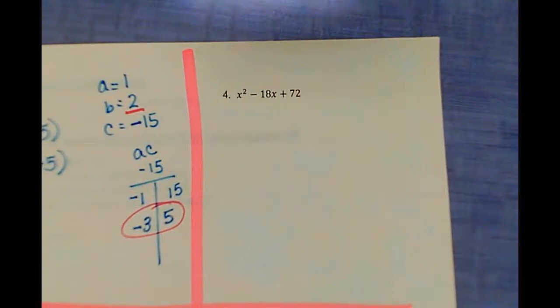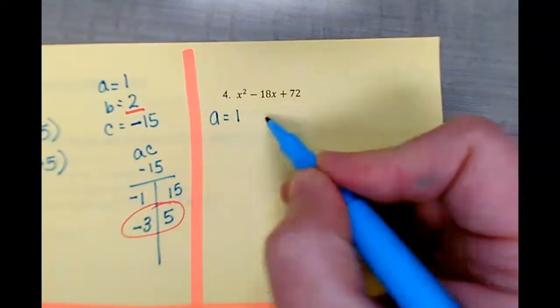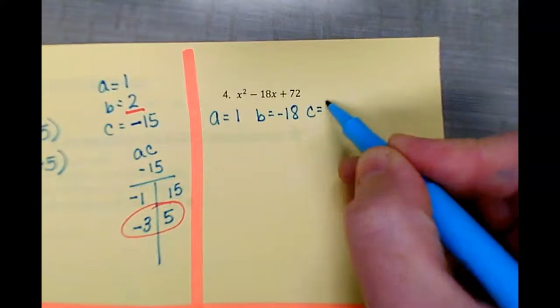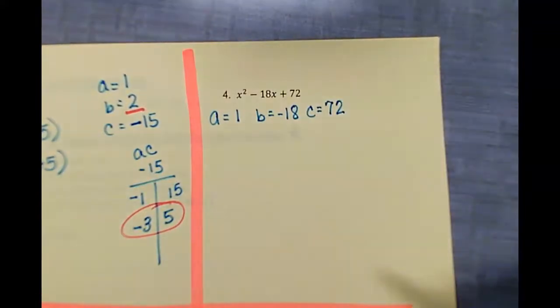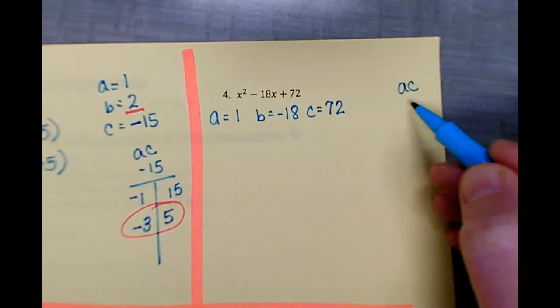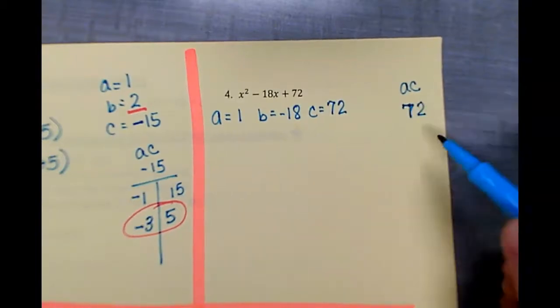You always start by looking for the GCF. This doesn't have a GCF, and the A is equal to 1, the B is equal to negative 18, and the C is equal to 72. I need to multiply my A and my C together, and I will get a positive 72.